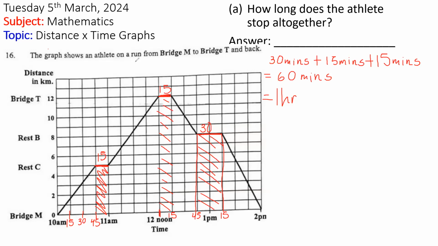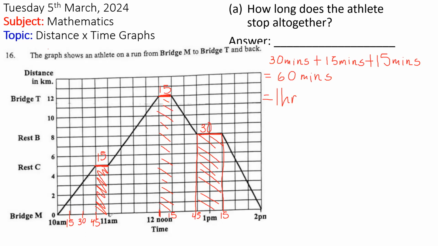Can you explain how we got 1 hour, please? Okay, so we're trying to find how long the athlete stops altogether. The first stop is at 11 a.m. Each space between is 15 minutes. So 10:45 to 11 is 15.